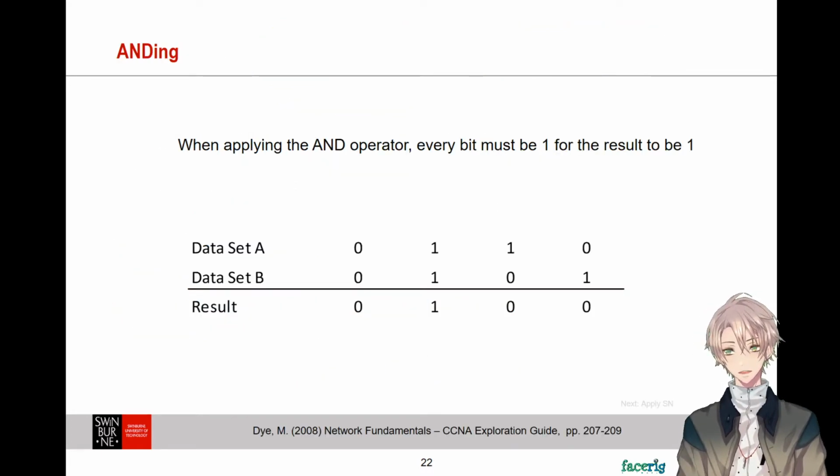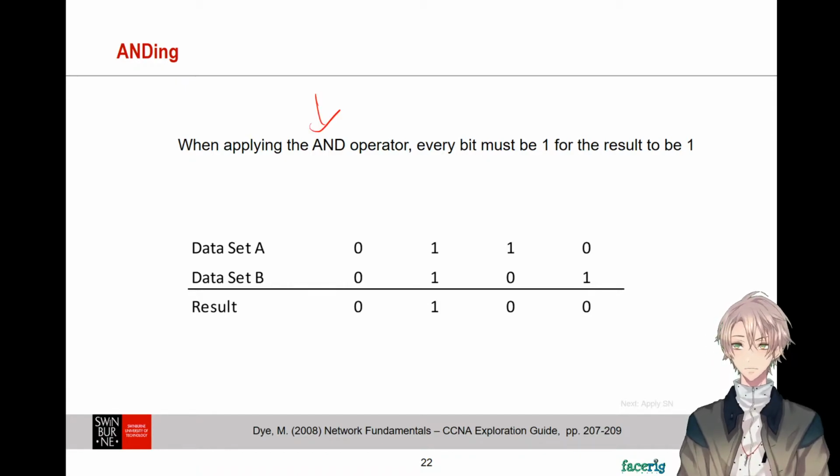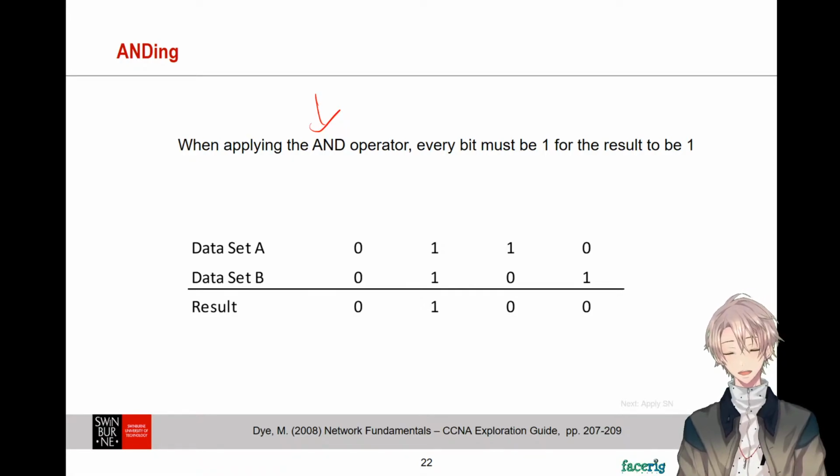ANDing is a technique that uses an operator to find the network address of an IP address. Let me tell you why we need to find the network address. For example, you have your computer connected maybe using a switch.